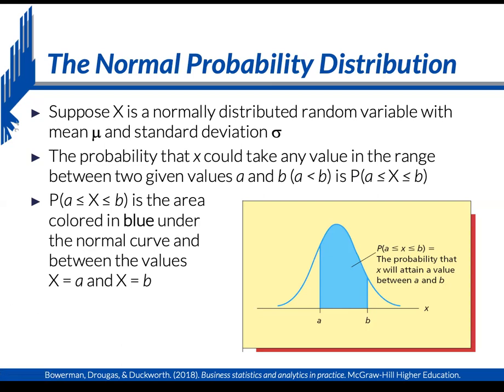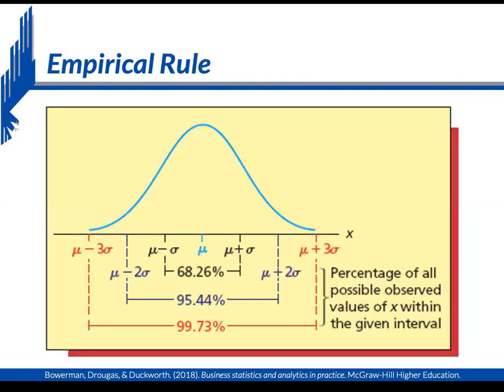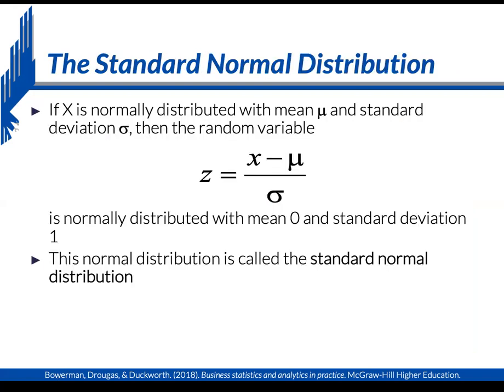Now, a simpler way to get the probability without having to do definite integrals is through the standard normal distribution. And the standard normal distribution is basically a standardized normal distribution. So whatever the mean and the standard deviation of a normal distribution is, that is standardized so that the mean will be equal to 0 and the standard deviation will be equal to 1.